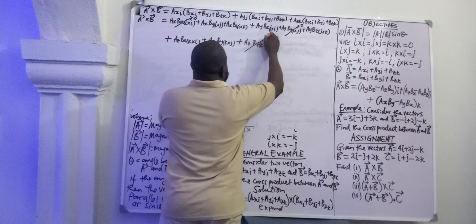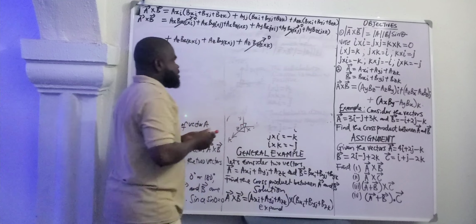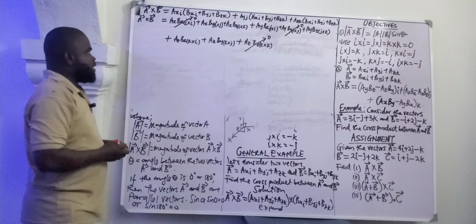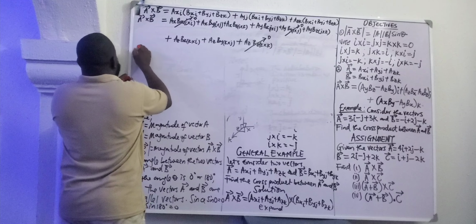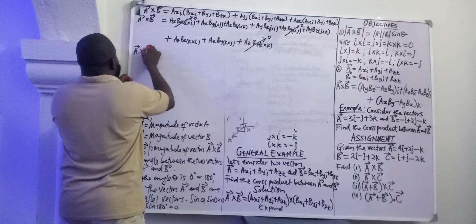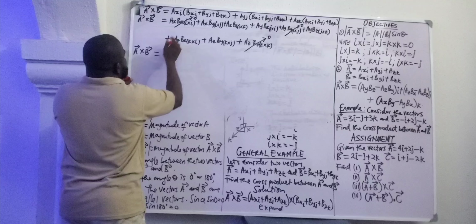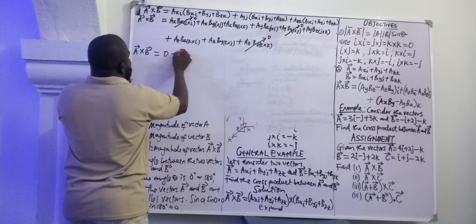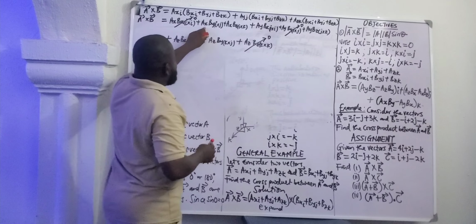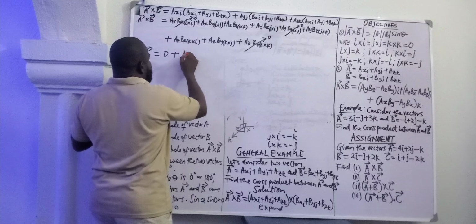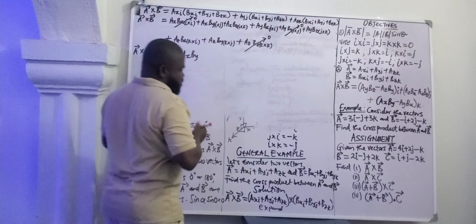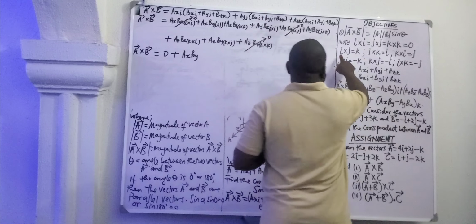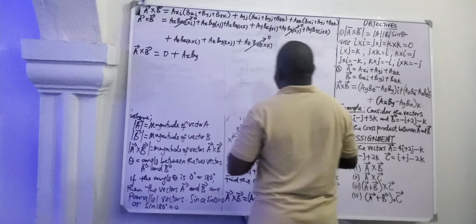And where I have k cross k, that component is 0 automatically. What I'm left with, vector A cross B is now equal to, this component is 0 plus AX BY i cross j. I will check i cross j is what? k.